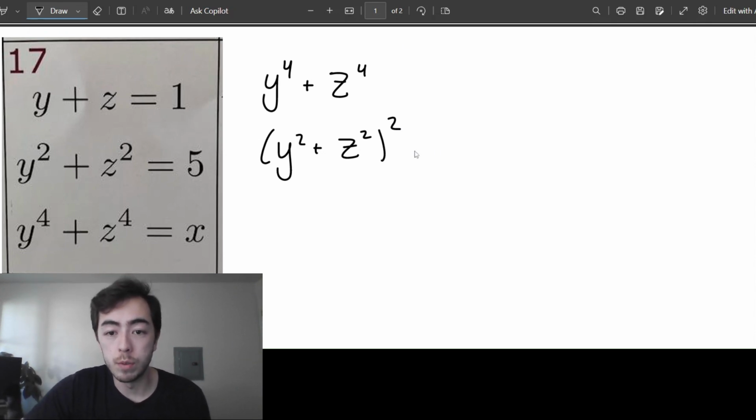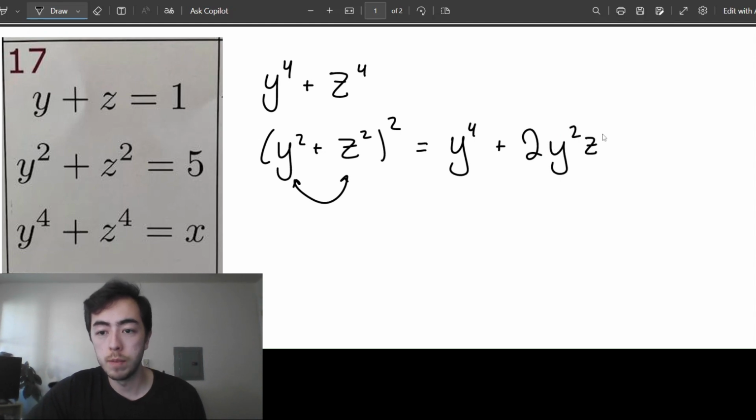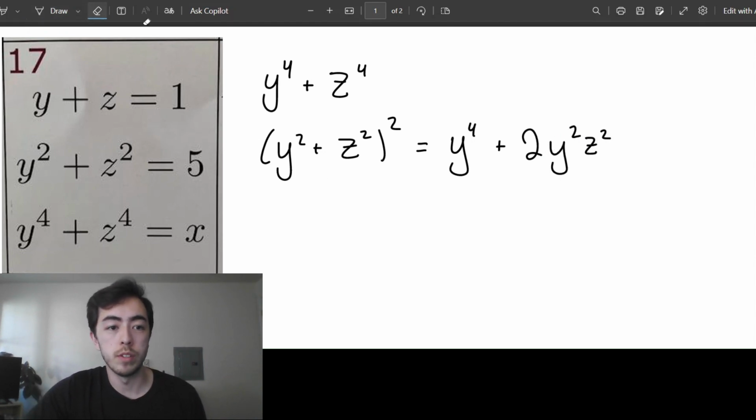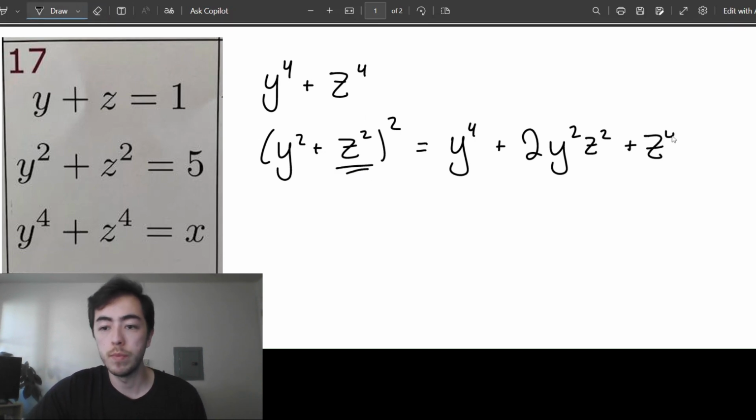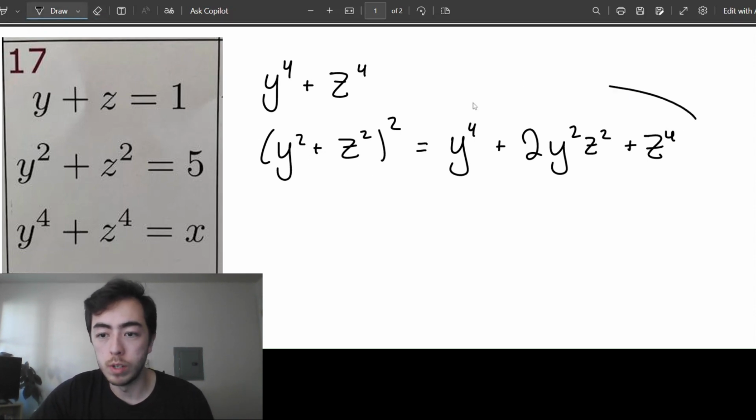Just to expand this, I'll get y squared squared for my first term, so that's y to the fourth. I will get twice these two things multiplied to each other, so I'll get 2y squared z squared. And then my last term is just this times itself, which is z to the fourth. And so if I square this, I will get that.